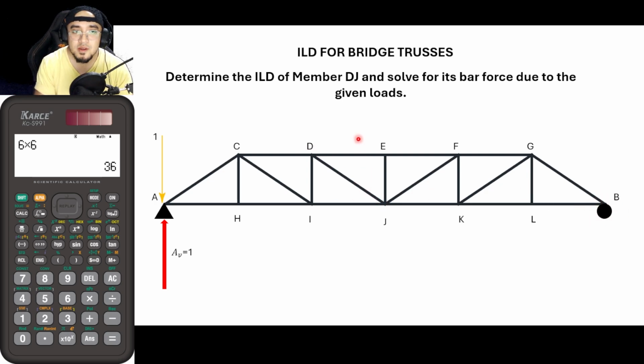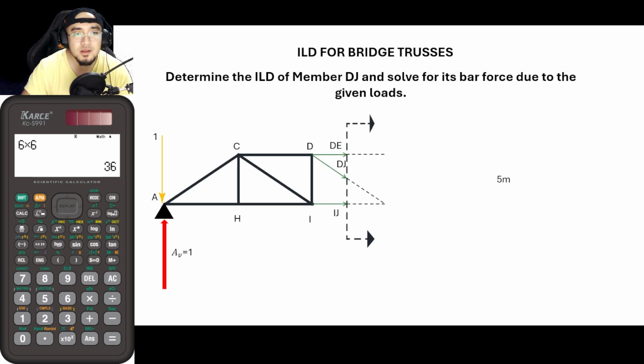Why? Because since we are to make use of the method of sections, in method of sections, we will be cutting a section at the truss. And after cutting the section in the truss, what happens with the bars that were cut? They will now be converted into forces. Okay, so as you can see here, this is now our cut section.